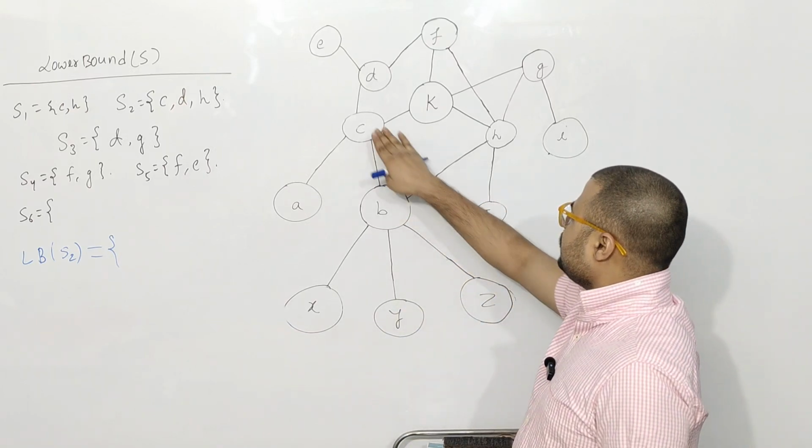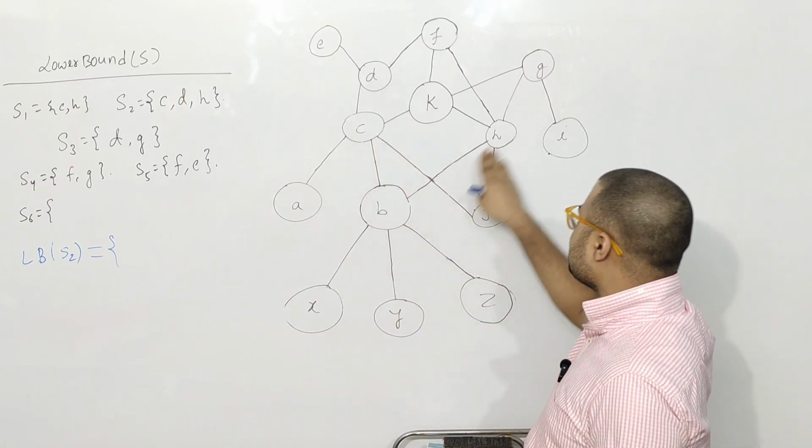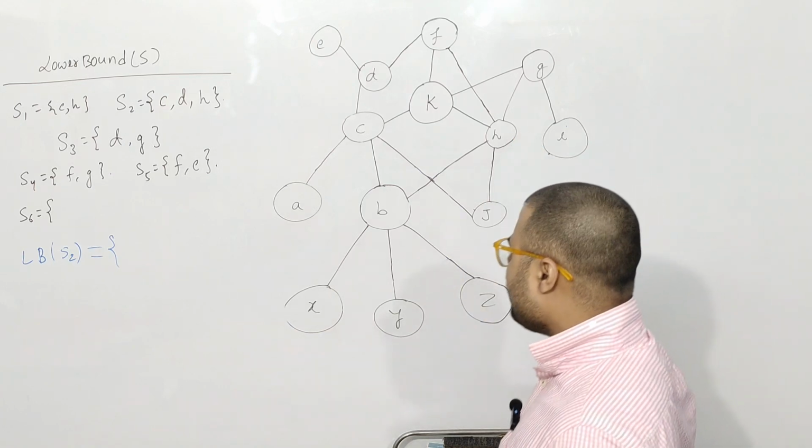B is related to C, B is related to D, and B is related to H. So B is a point of meet.